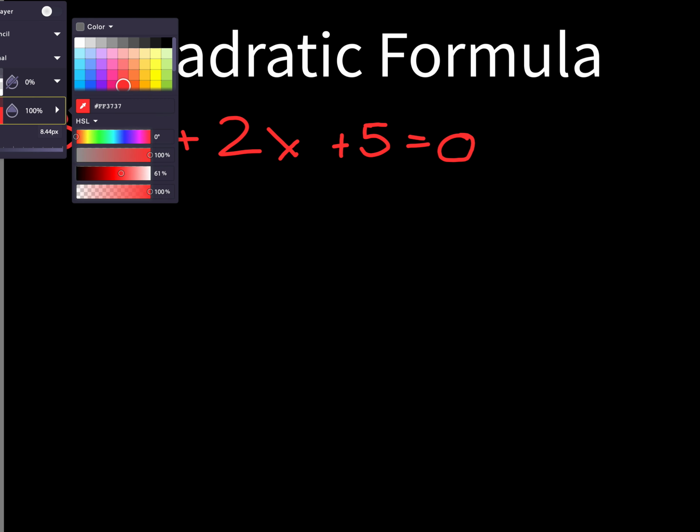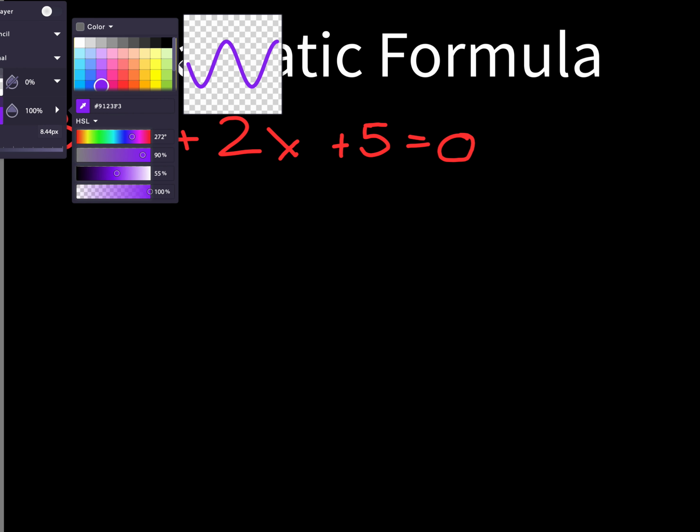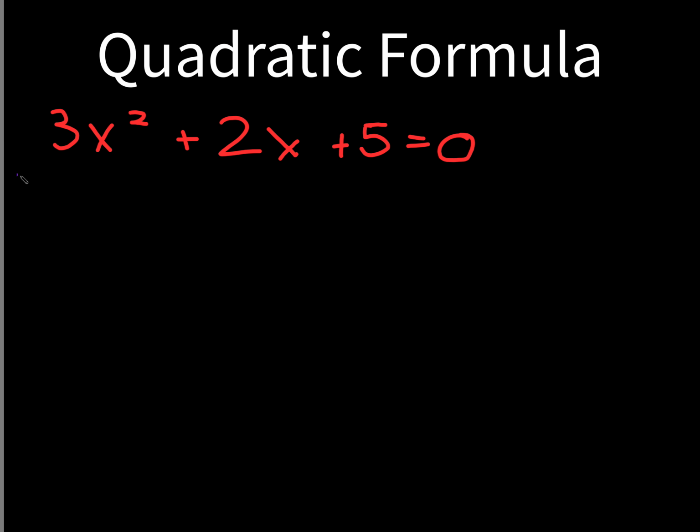Now I'm just changing the color, and I'll write out our steps so you can take an easy screenshot of what to do. So first and foremost, I always like to check if factorable.